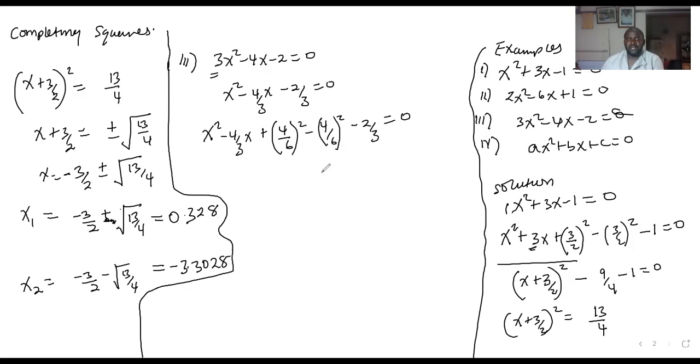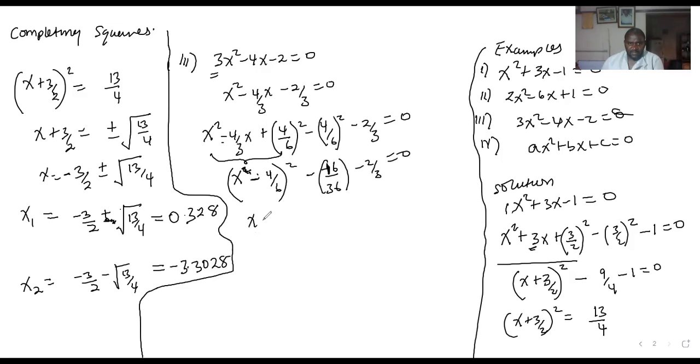So with this regard, this first part becomes x minus, because here there is a minus, x minus 4 over 6 squared minus 16 over 36 minus 2 over 3 is 0.